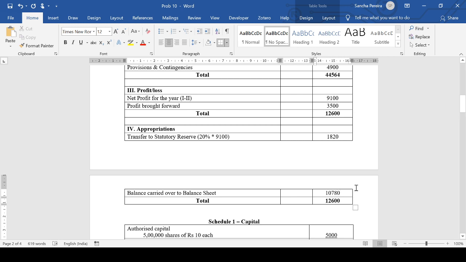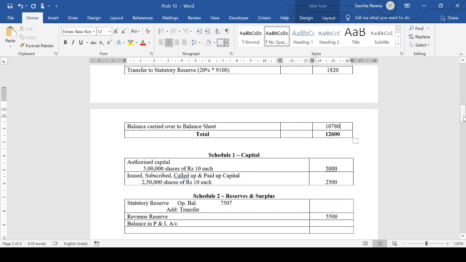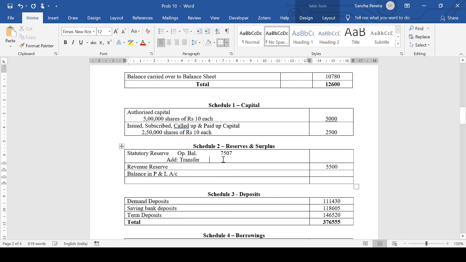We still need to transfer these items. So the appropriation is here, it's 1820, the addition 1820, and that total is going to be 7507 plus 1820 is 9,327, and balance in the profit and loss account is this, what we have already got, 10780.